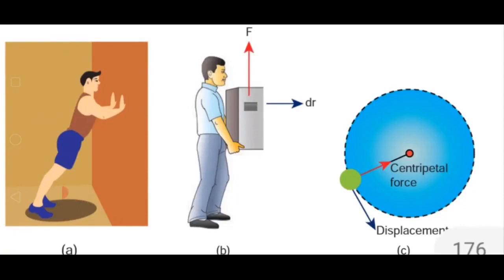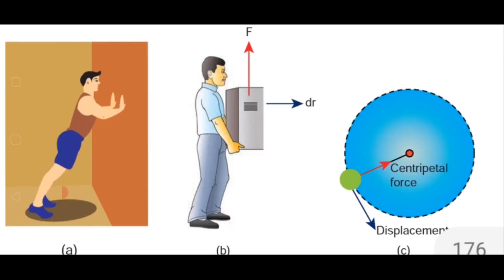In the first case, F is 0. For the second case, see the diagram where they are applying force to the wall, so there is no displacement. For the third case, two diagrams are given. In the first one, the force is acting upward in the direction dr, and the gravitational force is downward, so they are perpendicular. In the last one, the centripetal force is perpendicular to the displacement.